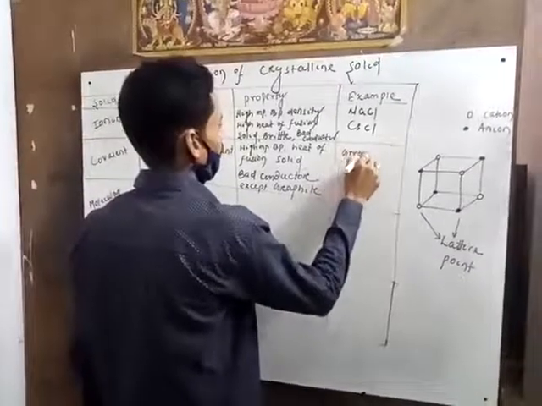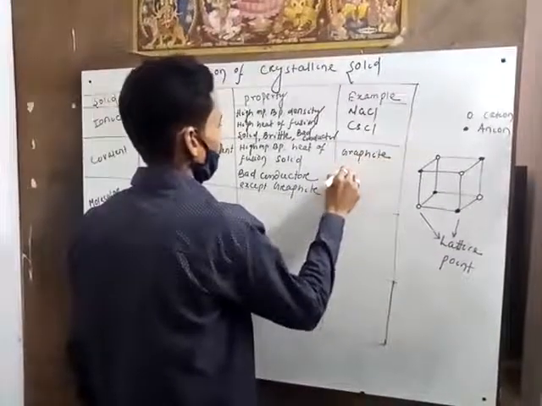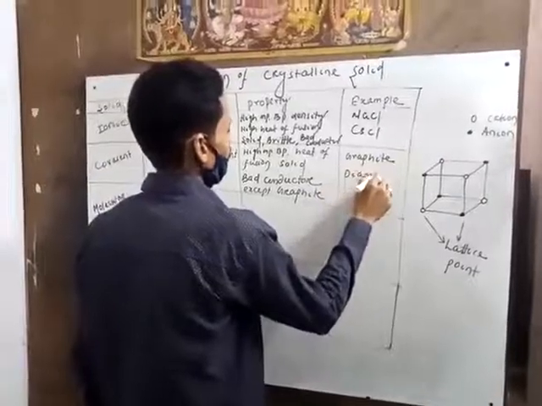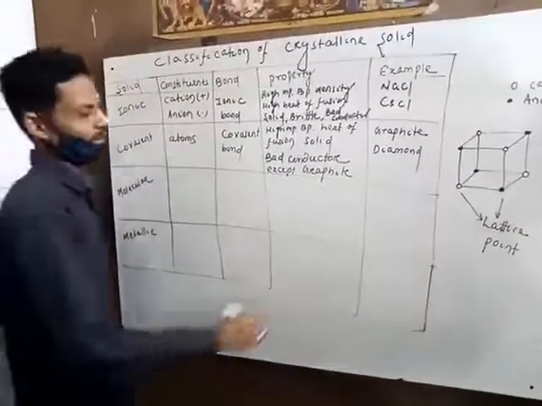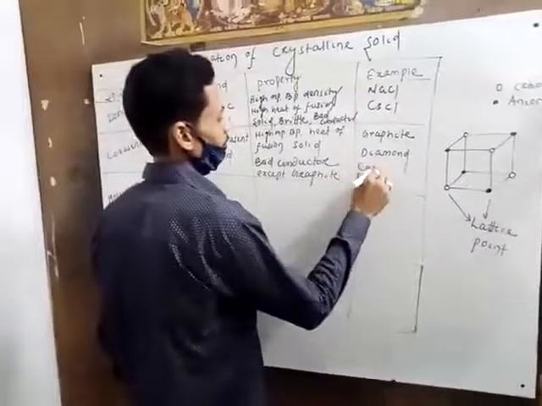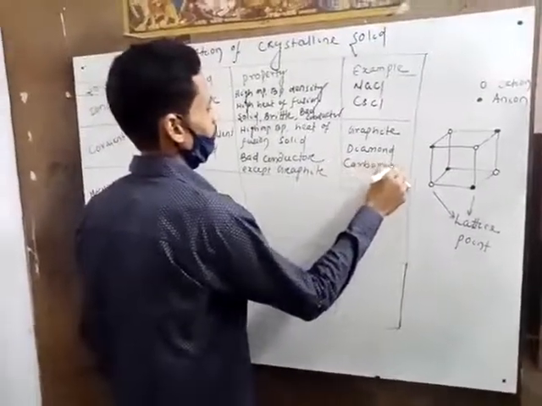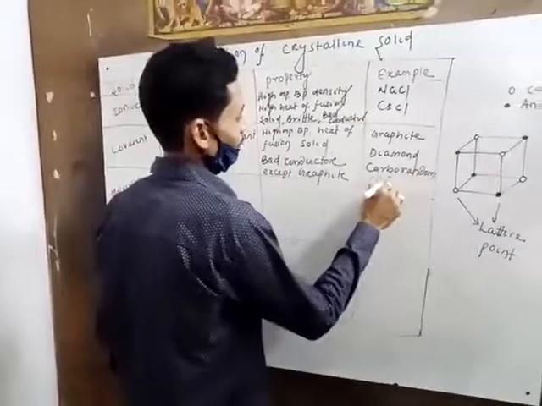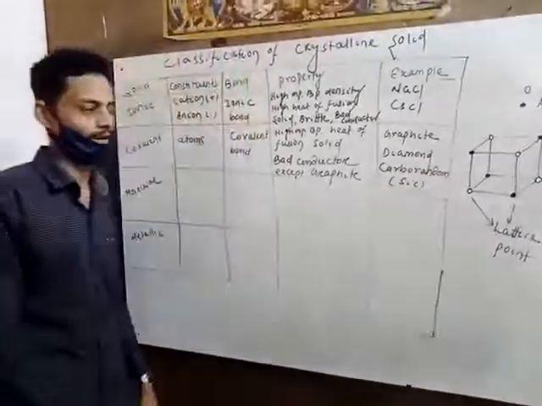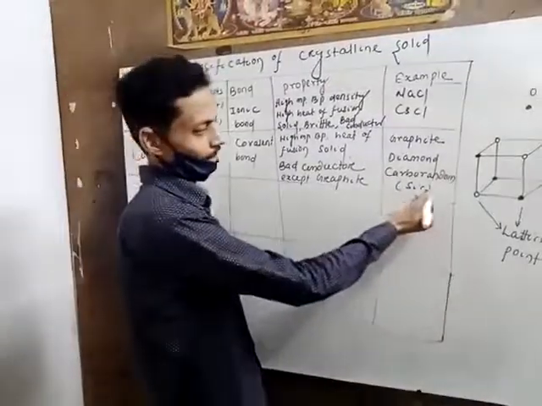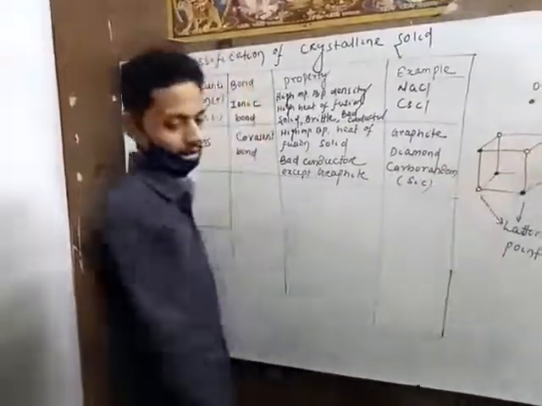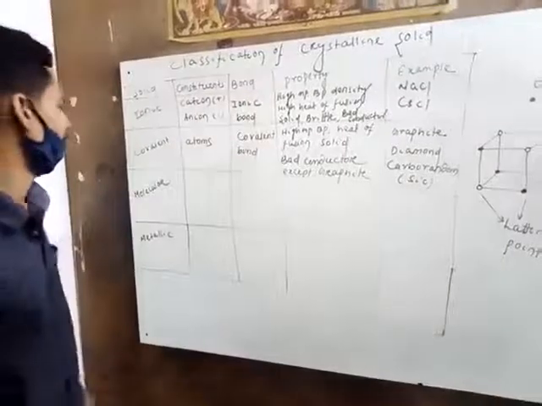Graphite, diamond. These are covalent solids. Carborundum, silicon carbide, is called carborundum. Here the constituent particles are silicon and carbon. These exist in alternate positions of the cube.